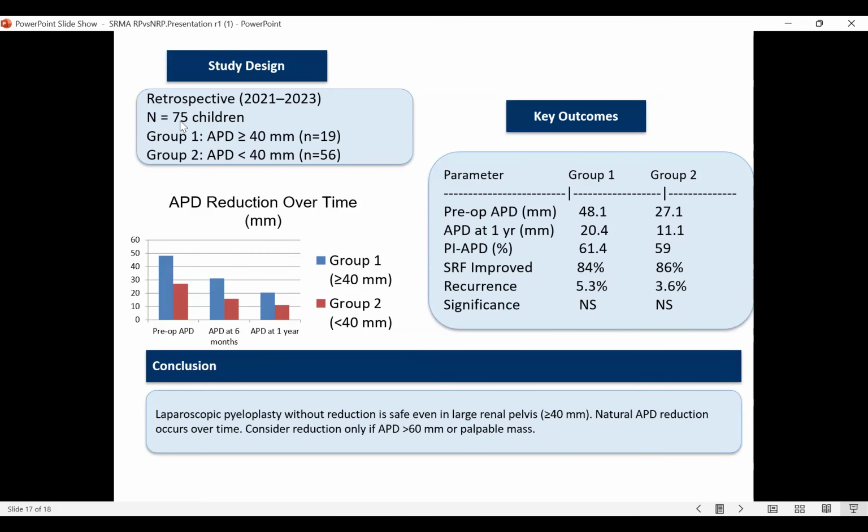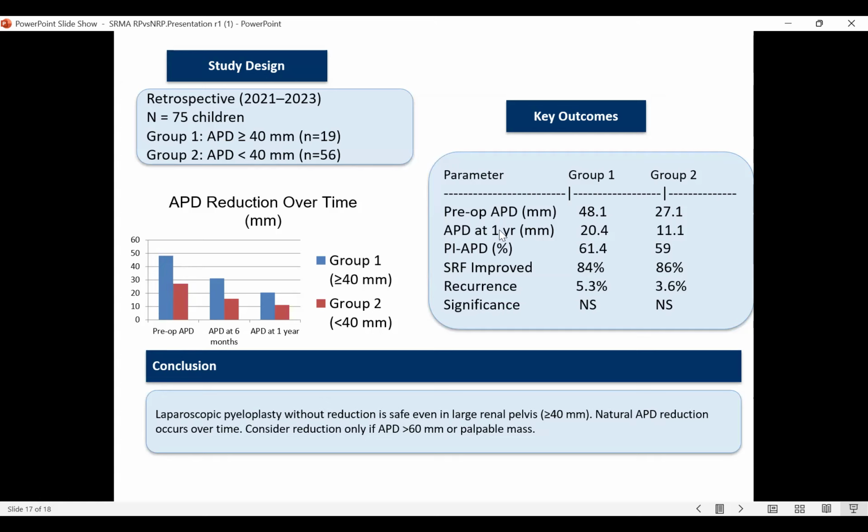Again, we put them into 2 groups, pelvis more than 40 millimeter or less than 40 millimeter. The findings were that at 6 months, in the large pelvis group, there's a reduction, and at 1 year there is further reduction. Both groups show significant reduction.